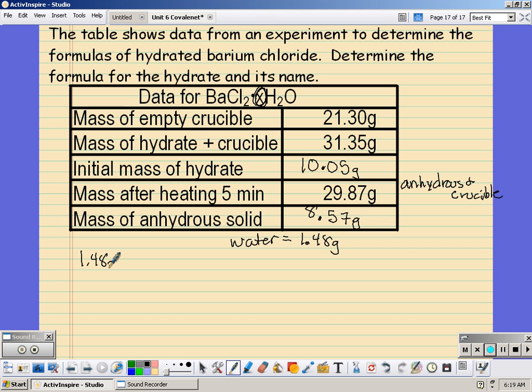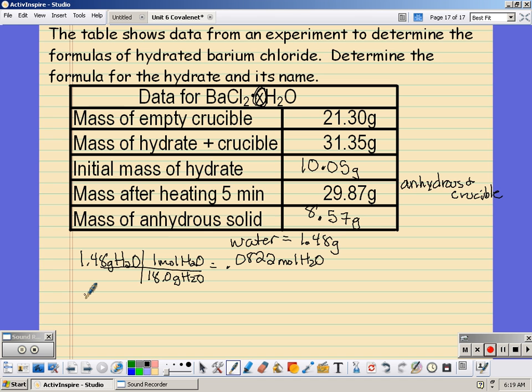Molar mass of water is 18. And then take the mass of our compound without water, which was 8.57 grams.